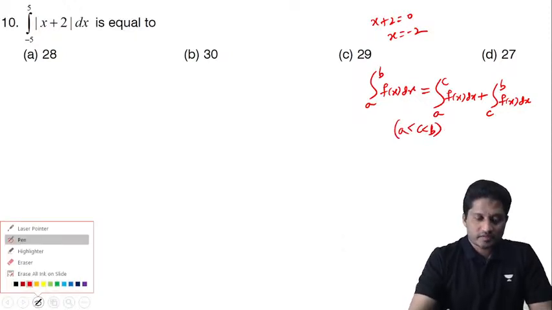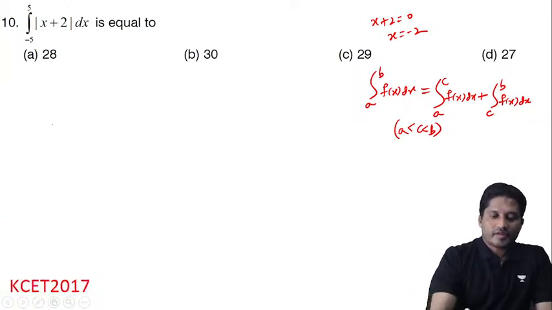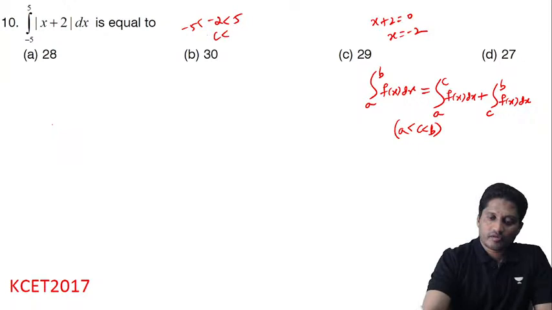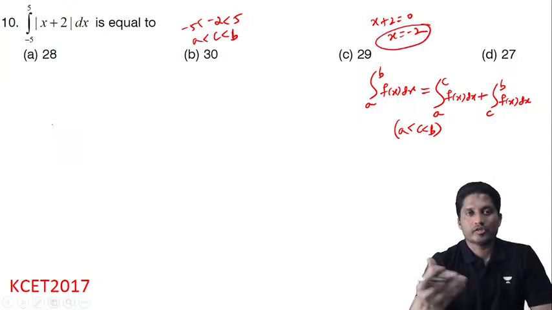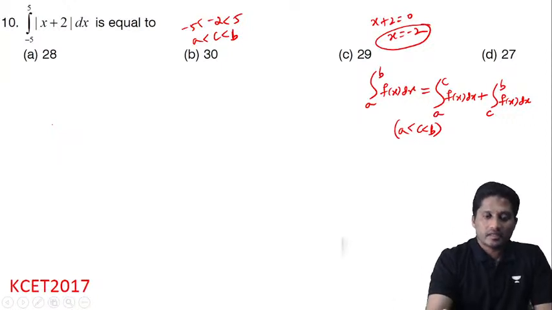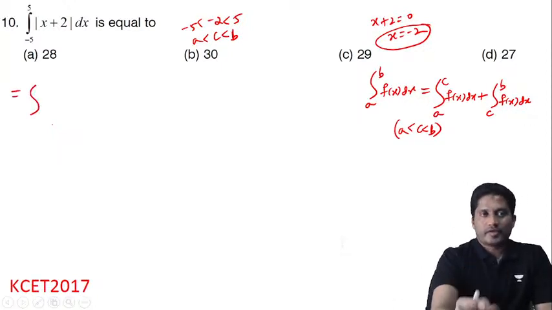So for minus 5 to plus 5, c is minus 2 here. Minus 2 lies between minus 5 and plus 5. C should lie between lower limit and upper limit. We've done a similar question in NCERT.